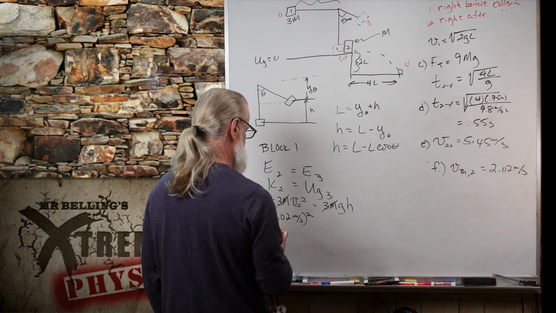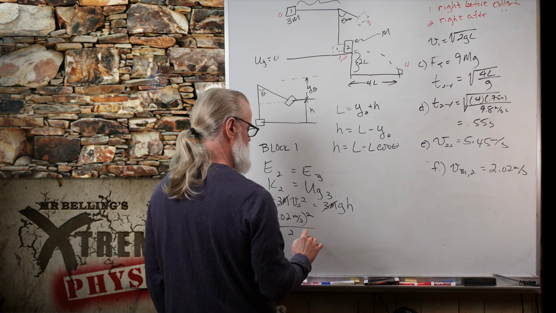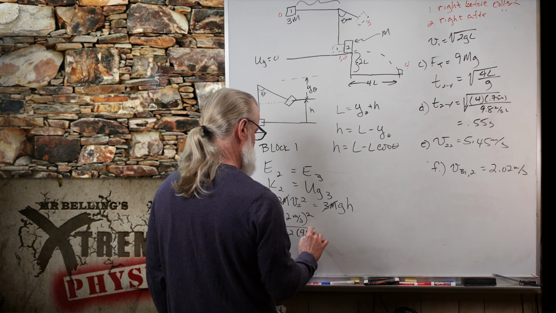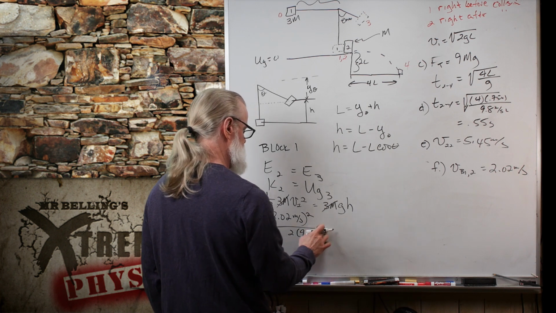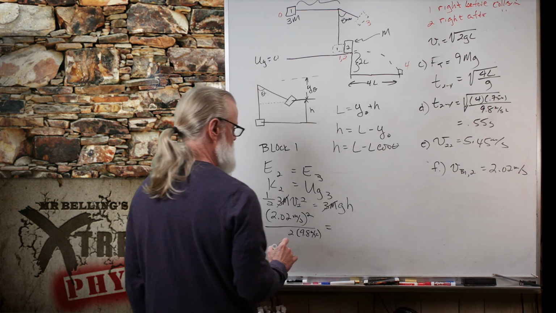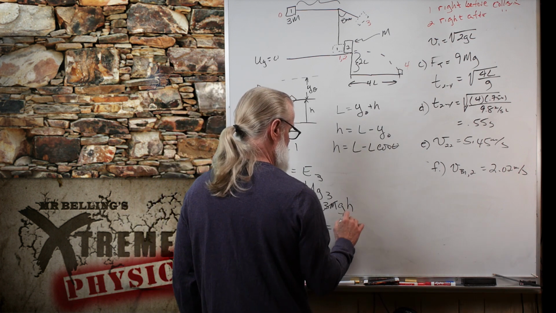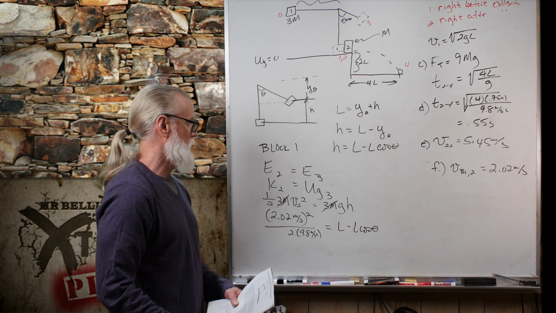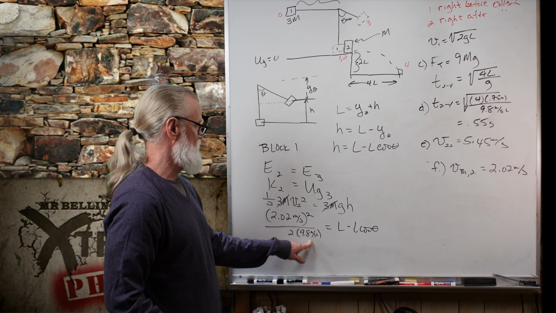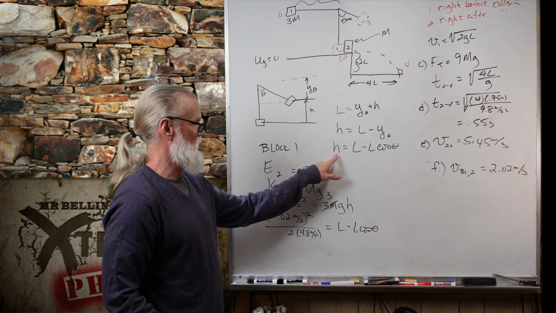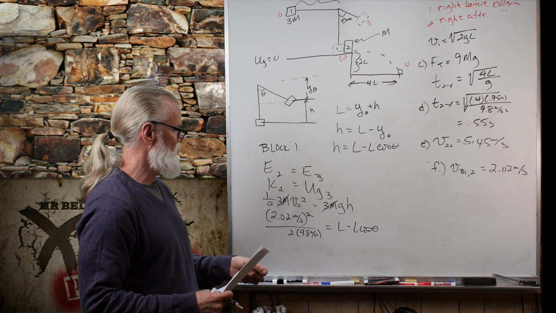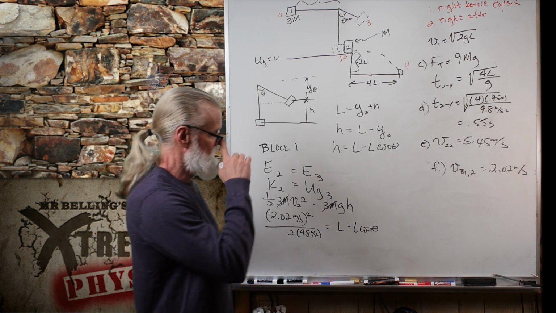We're going to square that, divide that by 2, and divide that by 9.8 meters per second squared, just bringing g over here, equals h. But h is L minus L cosine of theta. Right? I brought the g over, and what was left was h, but h is L minus L cosine of theta. So all I really need to do now is solve this for theta.